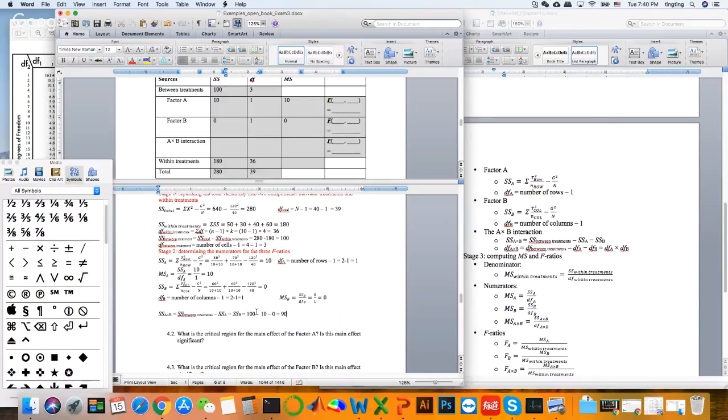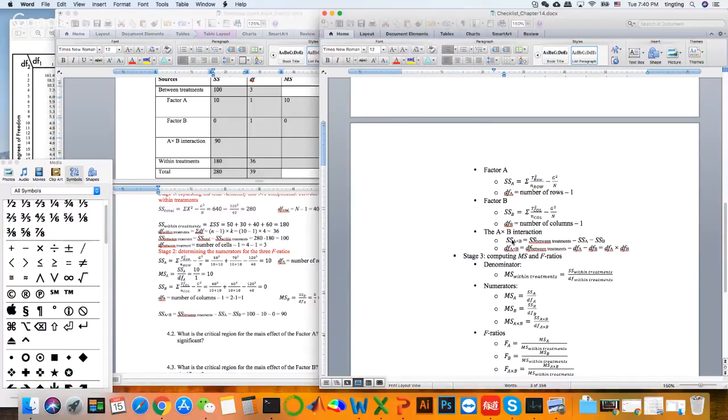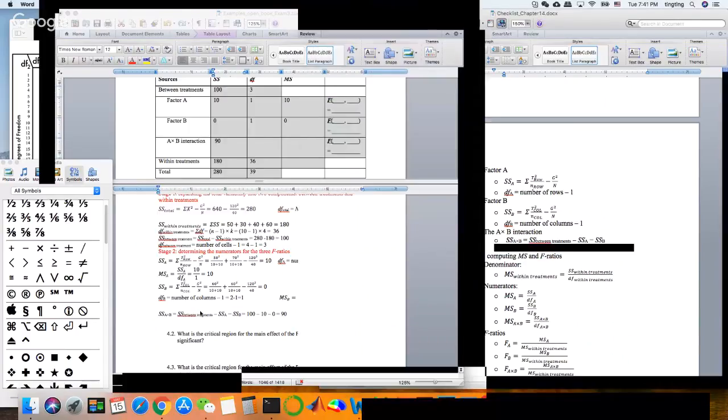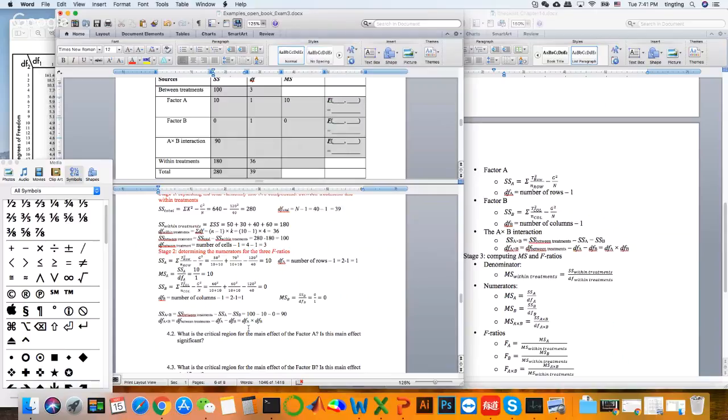So left over, which is 90. 90 here, and degrees of freedom, computational formula equals to dfA times dfB. It's this number times this number. 1 times 1 still equals to 1.